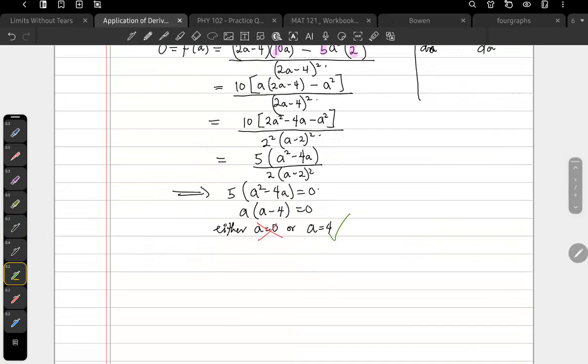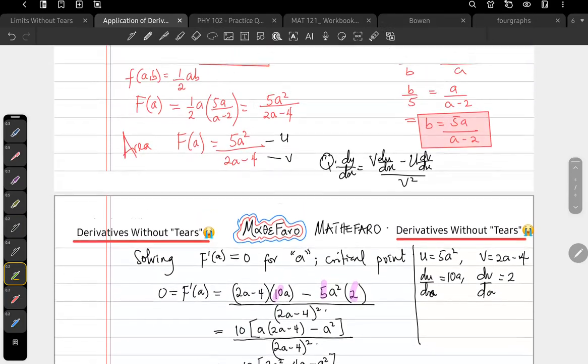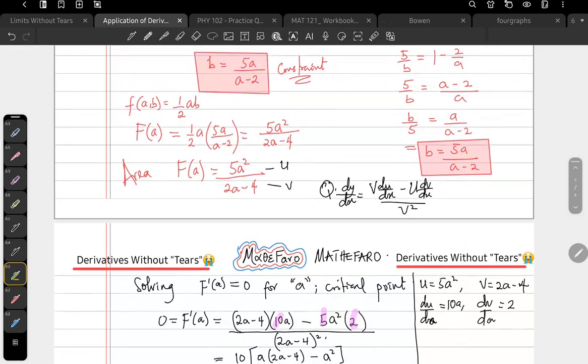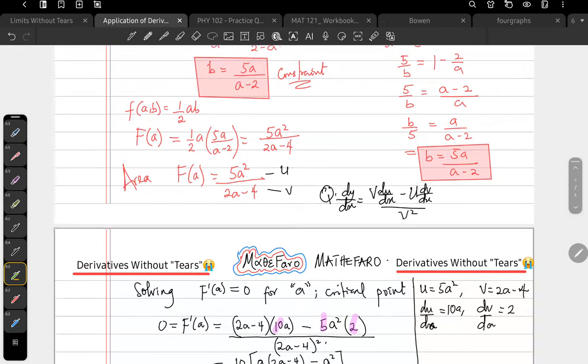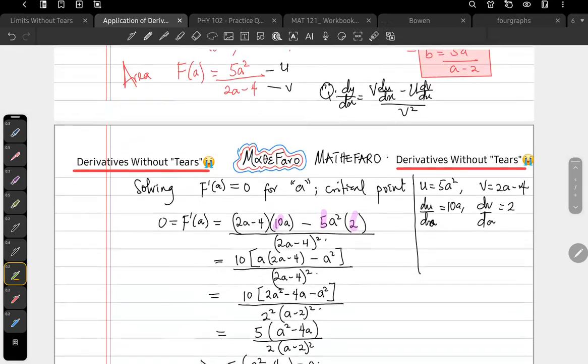We are certain that this is the minimum point, because if we put a equal to 0, we are going to get something that doesn't make sense. So a equals 4 is the minimum point in this case. So if a equals 4, what is b?